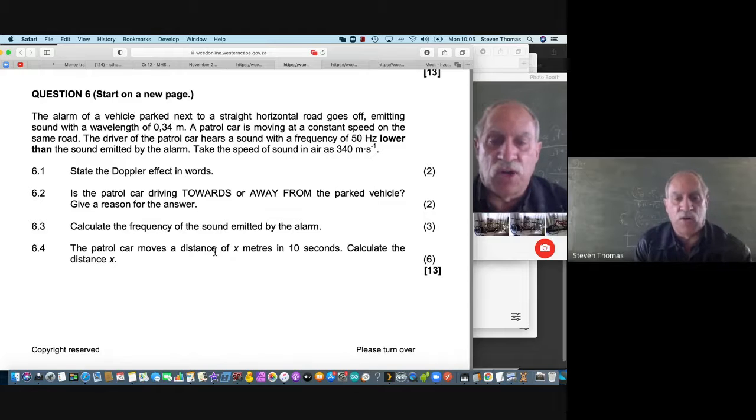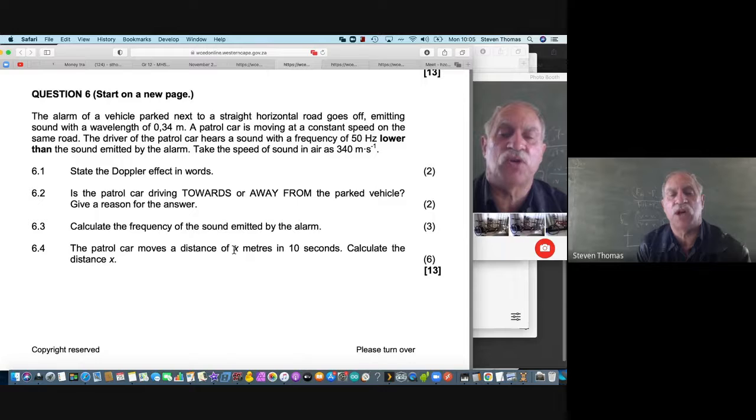So you've got all the things you need to find the velocity of the listener. Once you find it, it says he moves a distance of x meters in 10 seconds. So velocity equals distance over time. If you know the velocity, you can work out x, the distance. And that would give you your 1 or 2 marks at the end.